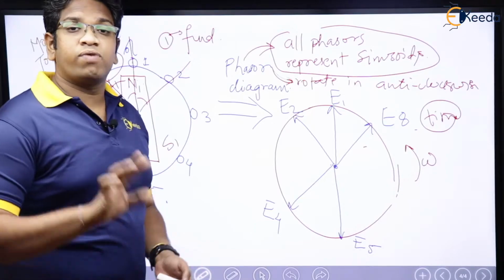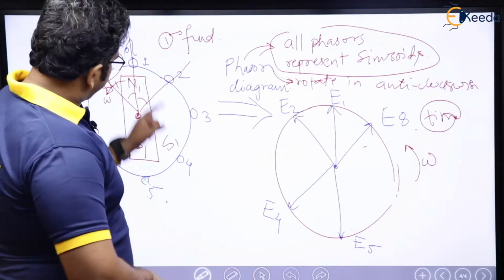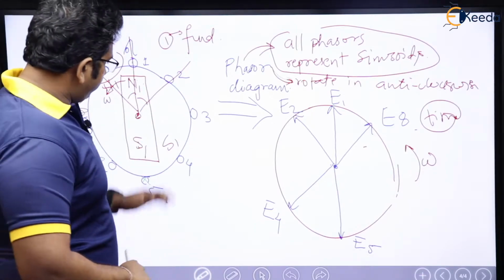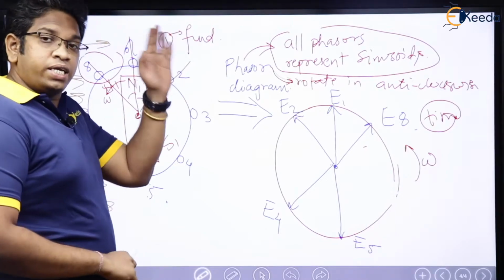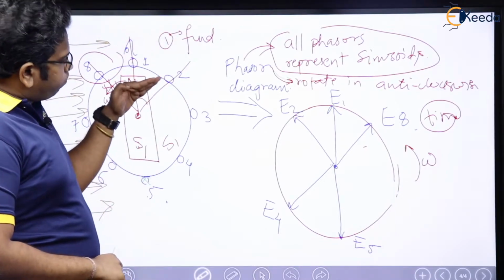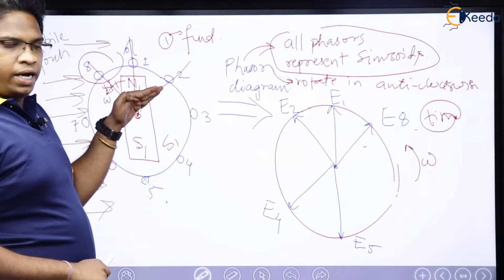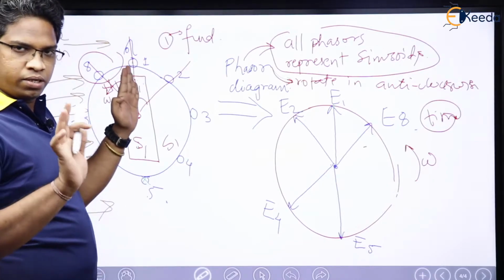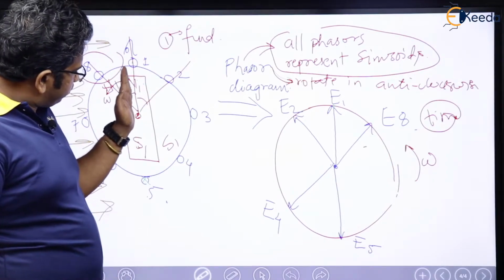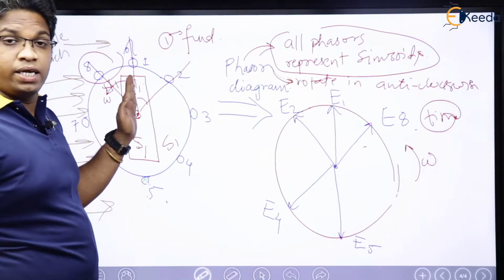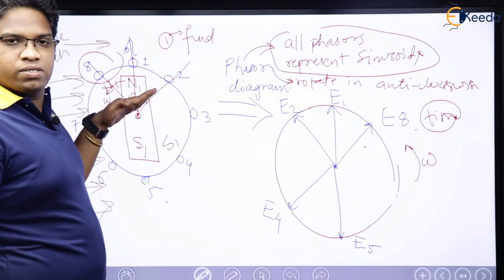Why? Let us analyze one last time for E2. See here. For example, in history, this N1 was here, right? In history, the first case was N1, S1 like this.